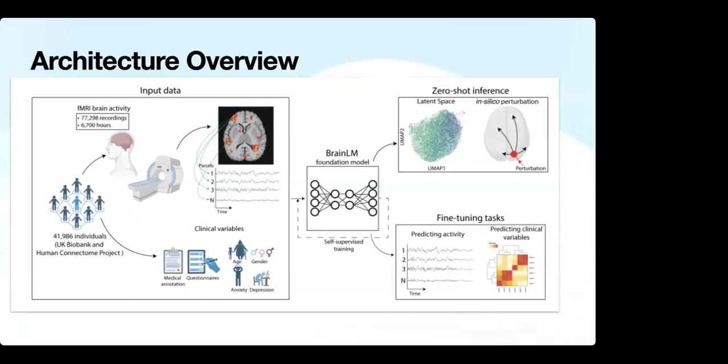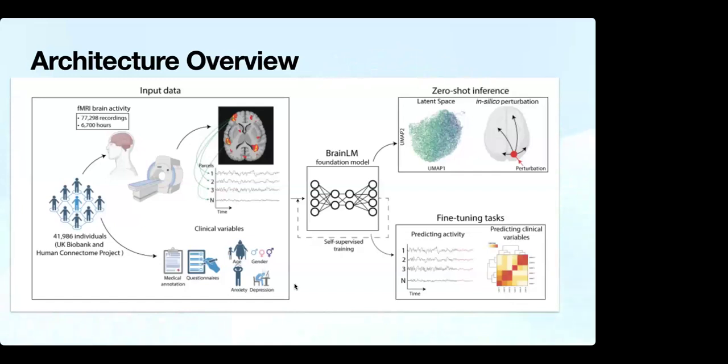And as well, they explored the latent space, and they also looked at how the model behaves with different disturbances in the model's input. And they also added in some fine-tuning tasks where they tried to predict future brain activity, as well as predicting these clinical variables.